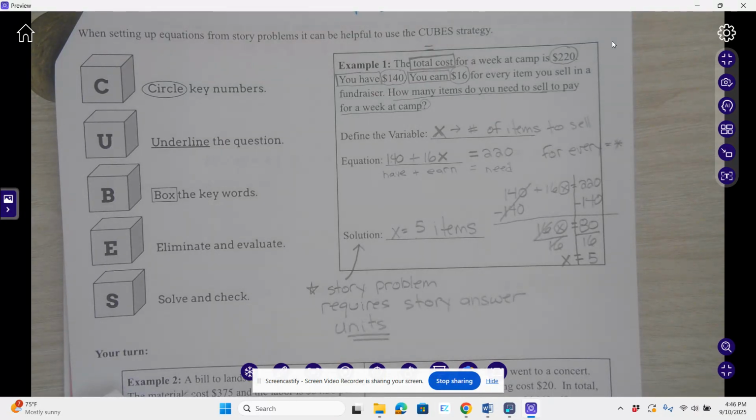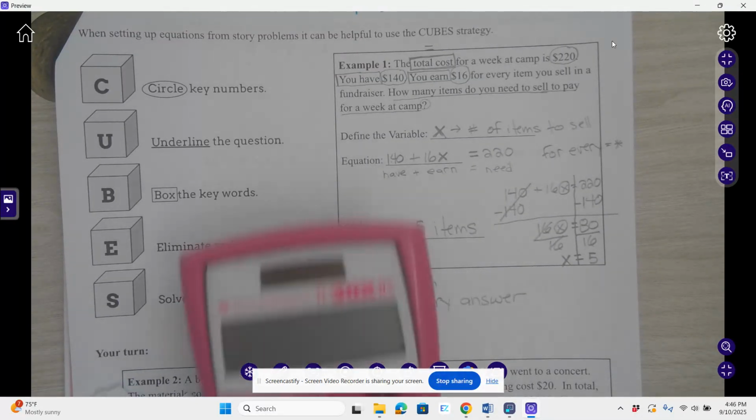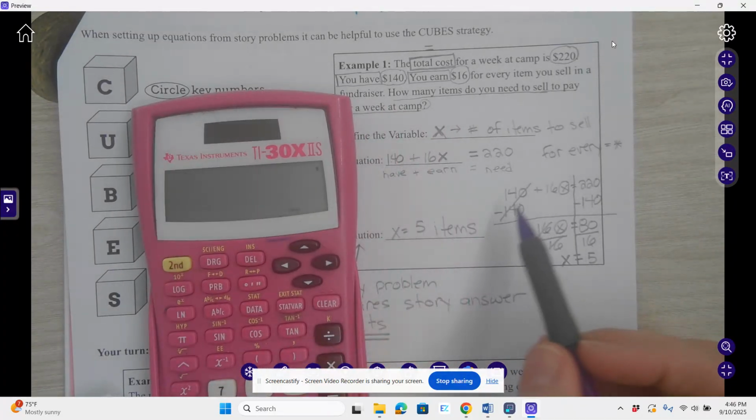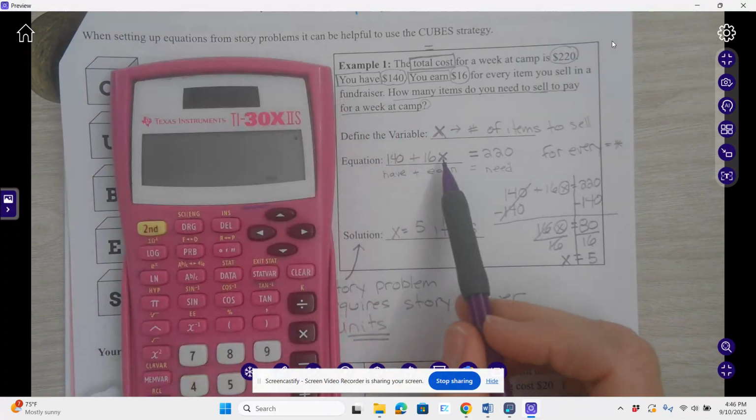I'm actually going to check this using my calculator, and I'll show you. I think that shows up okay under the camera. So this was my equation. I'm going to substitute a 5 in here.